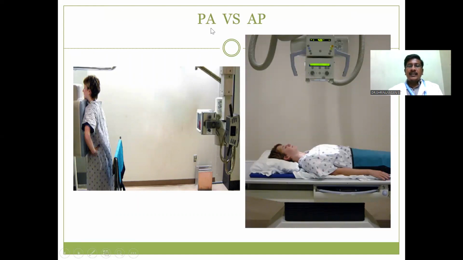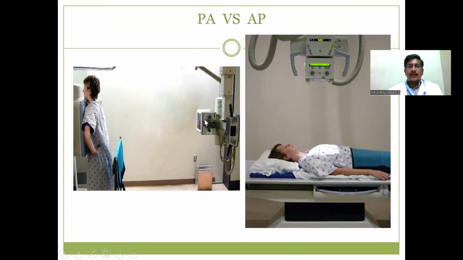So based upon the source of the X-ray, that means the tube which is producing the X-ray, from which direction the X-rays are passing through the human body and it is reflected in the plate, based on the direction from the source to the film, and in what direction the patient is exposed to the X-ray, we are telling two views.